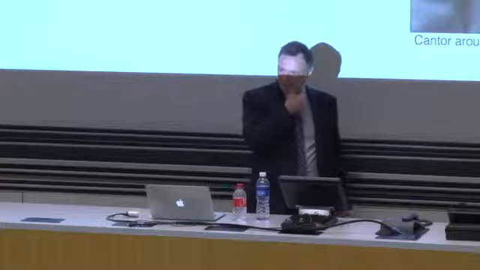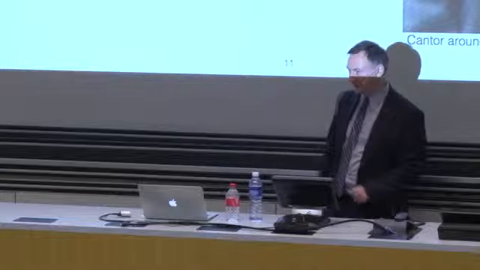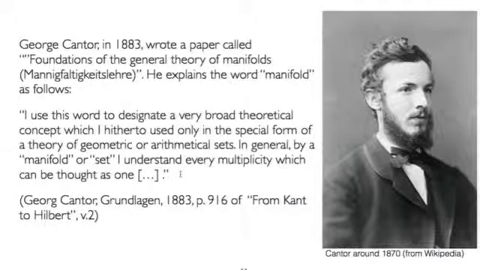So there is another thing. If you read a little further, I didn't include it here, but Cantor further writes in this same paragraph that he feels that what he's doing is developing a general theory of Platonic eidos or ideas.